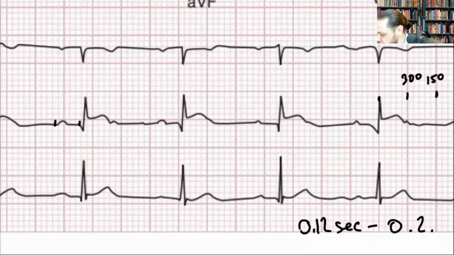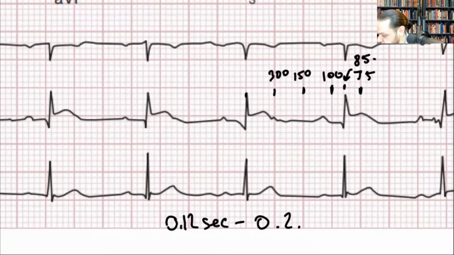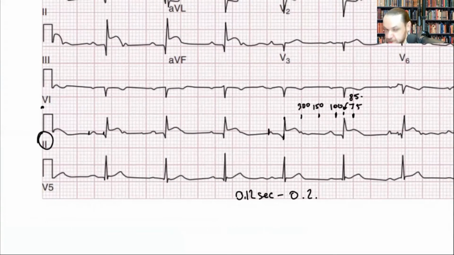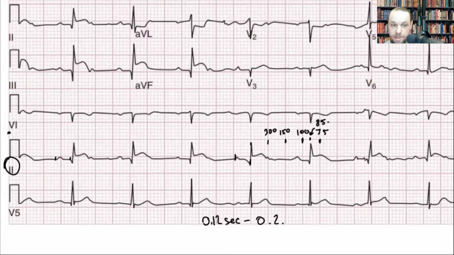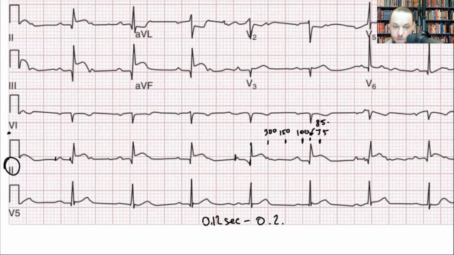But I think we are right in the ballpark, as you see here. I would interpret this as sinus rhythm for my underlying rhythm. That is a step you want to do before you start interpreting your 12-lead. You want to get the underlying rhythm first, and then go into your 12-lead interpretation.